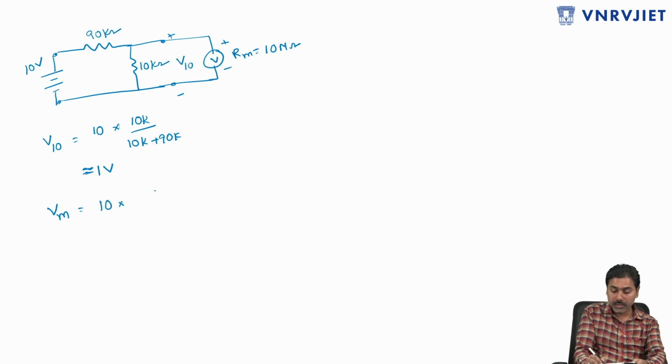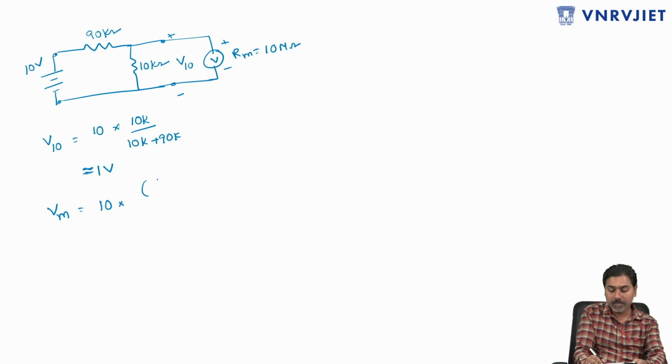10 volt into, again by the voltage division rule, here it is not simply the 10k in this case, because the meter resistance 10 mega ohm is in parallel with 10 kilo ohm.